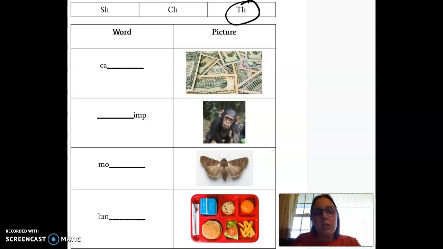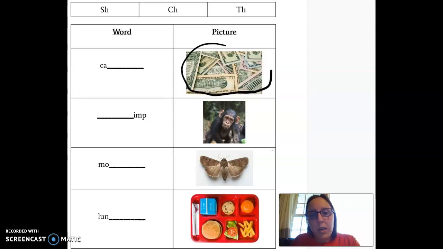So what we are going to do is figure out which digraph goes at the beginning or end of each of the words that you see on the screen in front of you. So this picture right here, this is of money, okay? But another word to describe money could be cash. So we have our k, a, sh, k, a, sh.